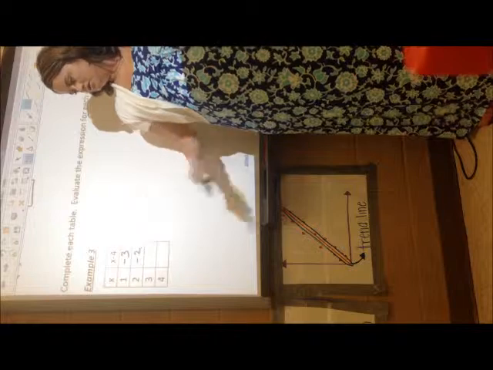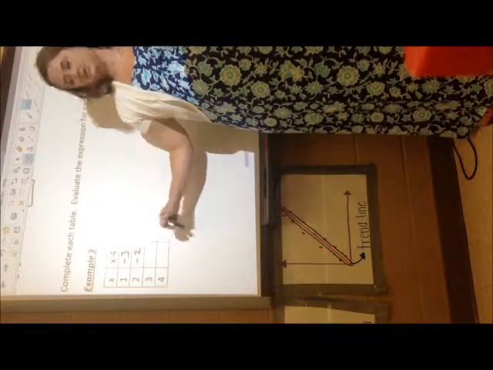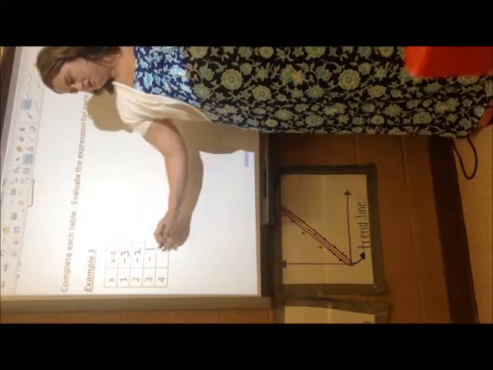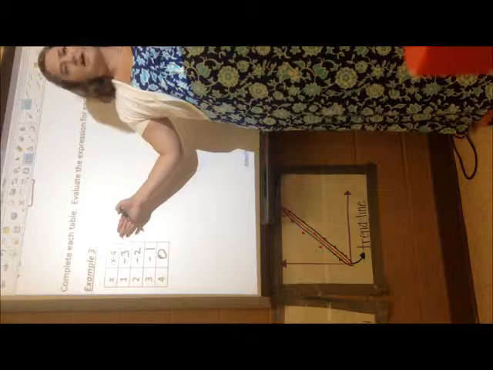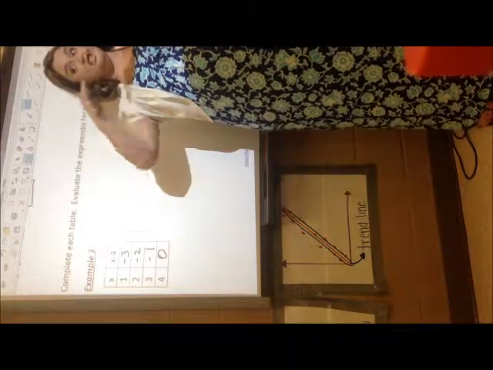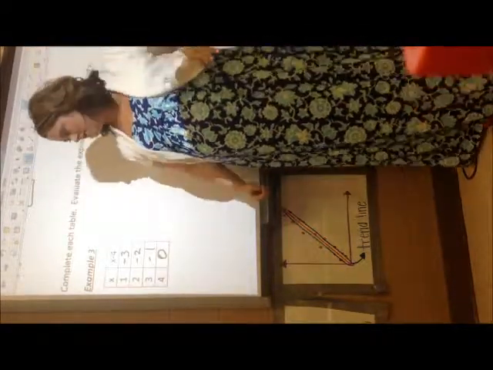And then 3 minus 4, which is negative 1. And then 4 minus 4, which is 0. So it's kind of a pattern. What happens each time? It's getting bigger, closer to 0. Remember, numbers in the negatives are backwards? So it's actually getting bigger by 1 each time. Good.